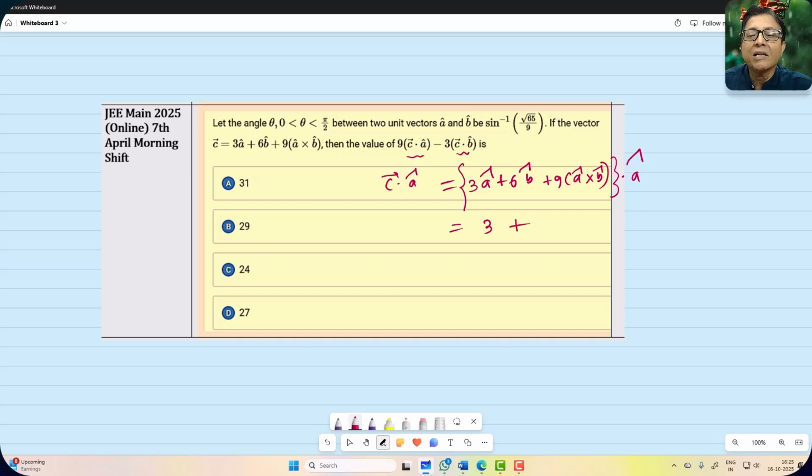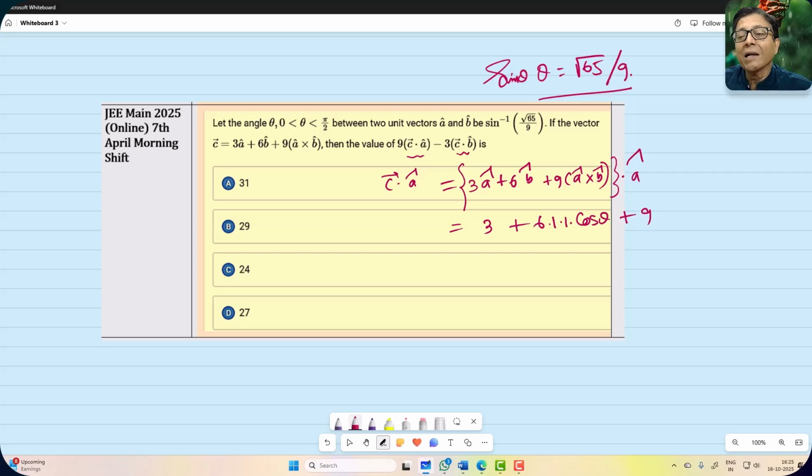This will be 6 into B dot A. Here the angle theta between the vectors is given, sin theta given as root 65 by 9. When you take dot product with the vectors B and A, it will be 6, 1, 1 because they are unit vectors, multiplied by cos theta.